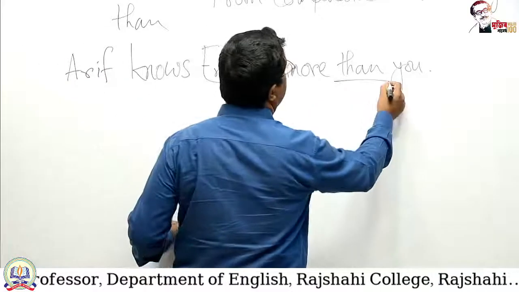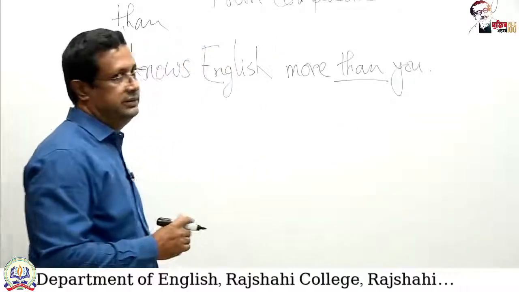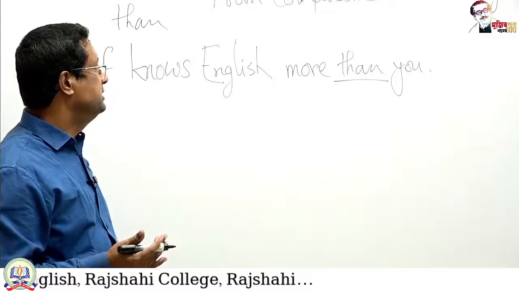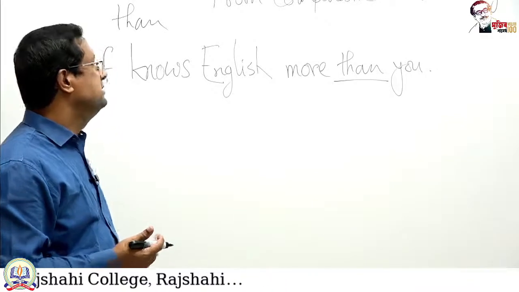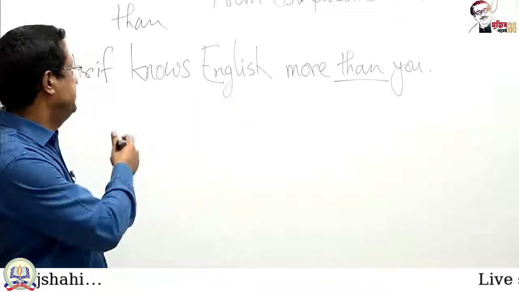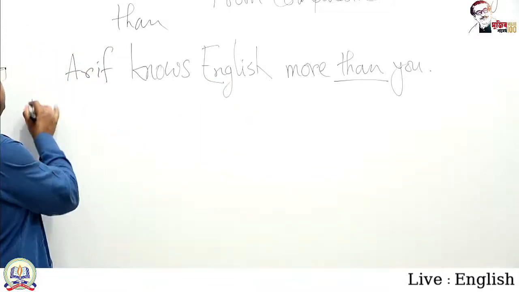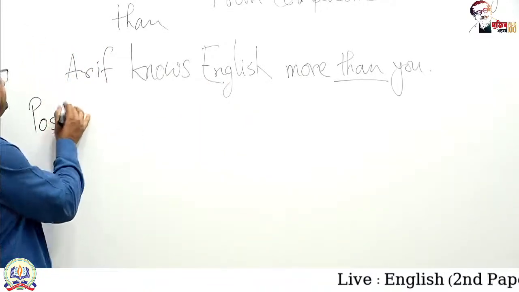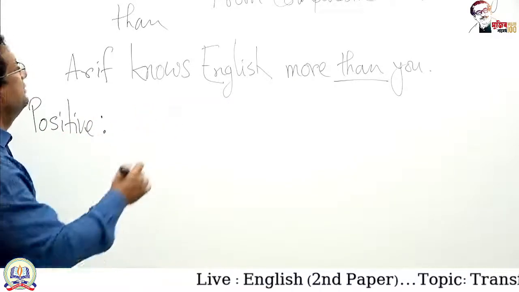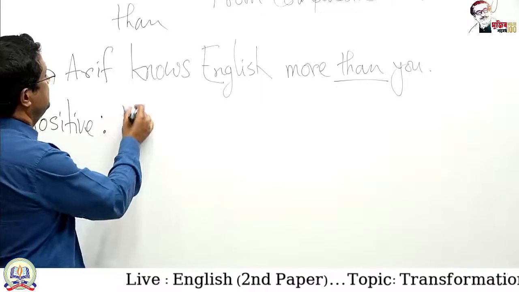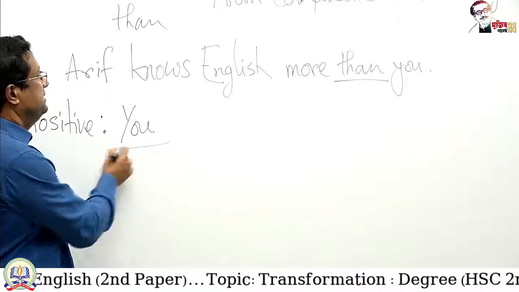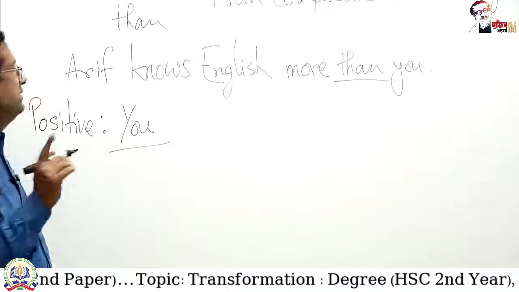So, here you find only than. There is no any other or all other or most other. In this case, what will you do? You will bring the subject direct. Okay, in positive degree, you will start from you. You. Then you have completed subject, then you are to write the verb.